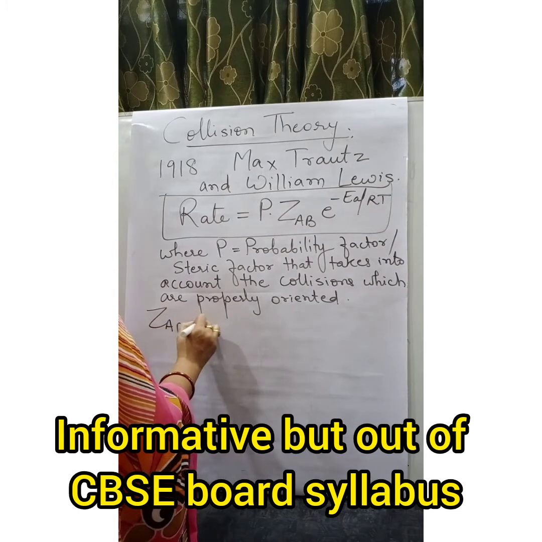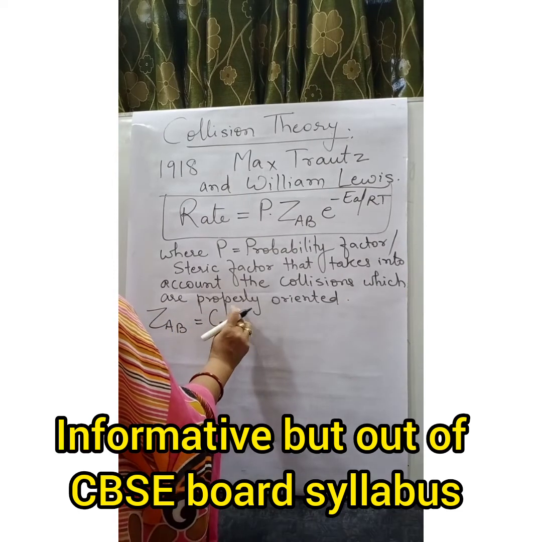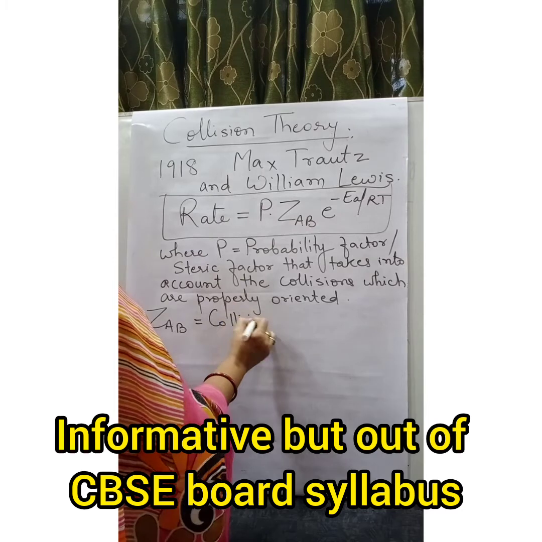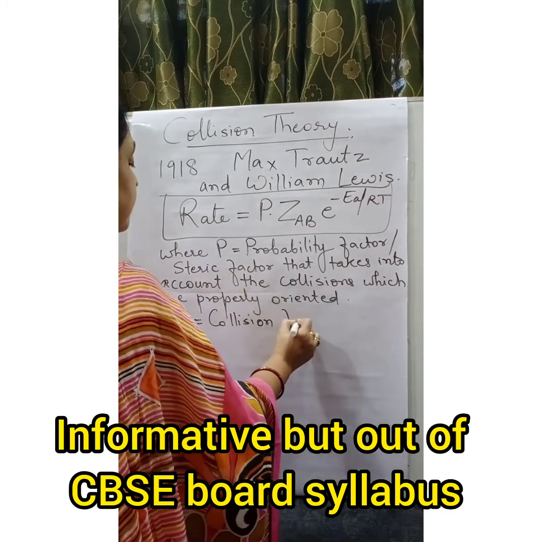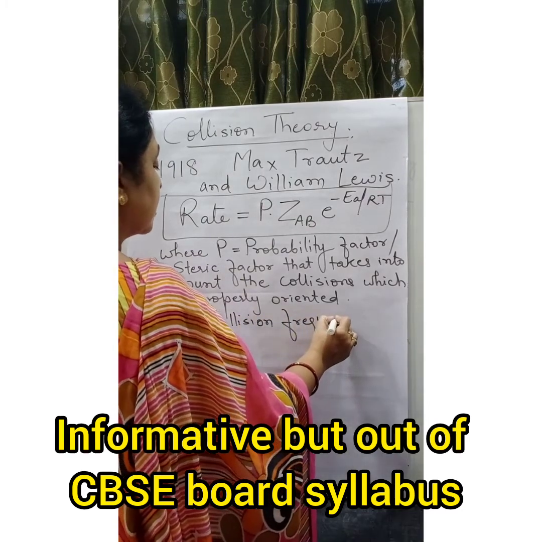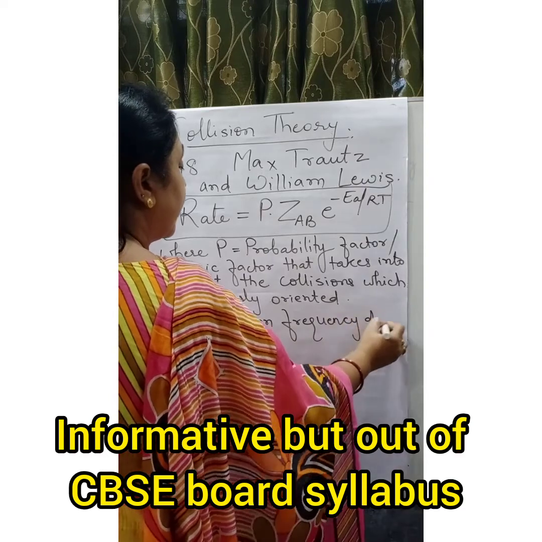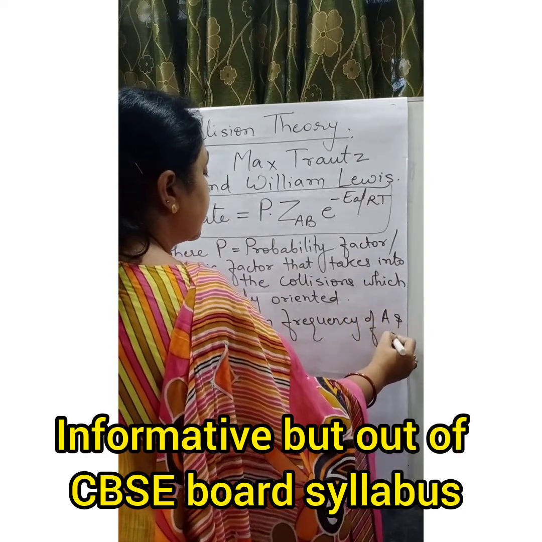ZAB is collision frequency of reacting species A and B.